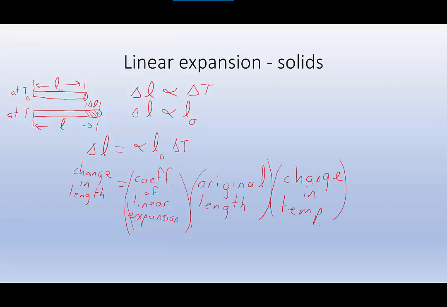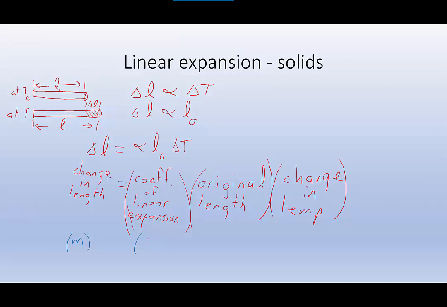As is true in any unit that we do in physics, we need to make sure that we are talking about units along with our measurements, because if you don't have your units correct, then your answers are not going to come out to be correct. So in linear expansion of solids, we need our units to be the following. We need our length to be in meters.